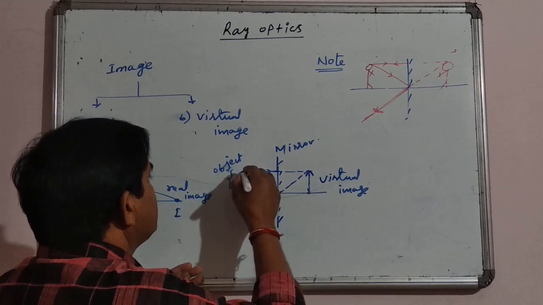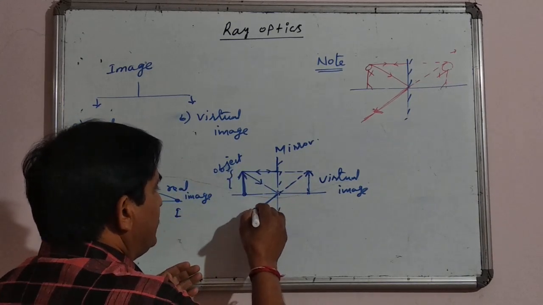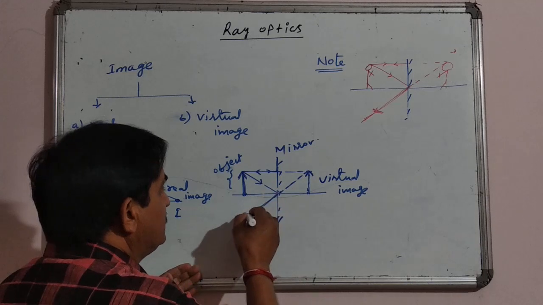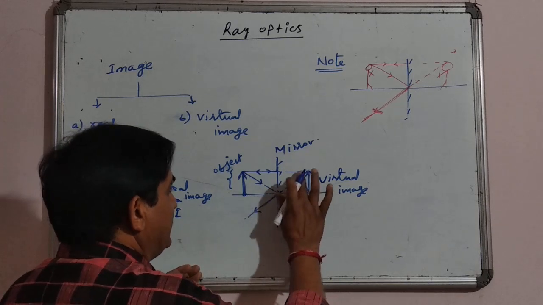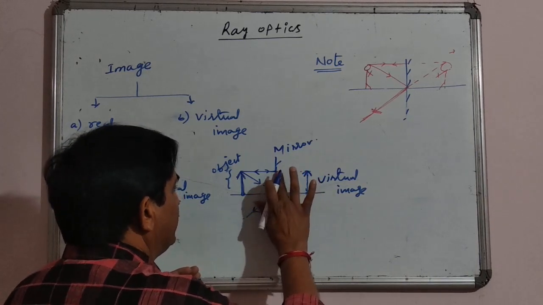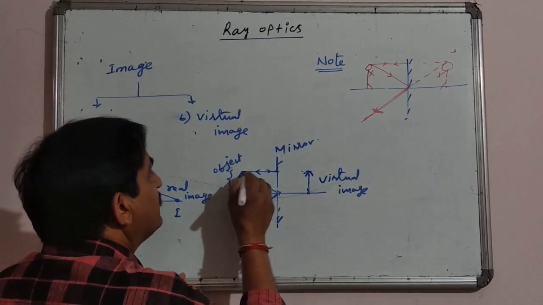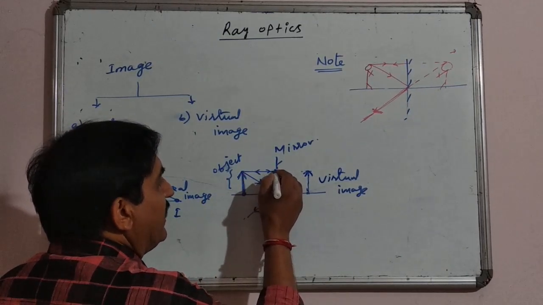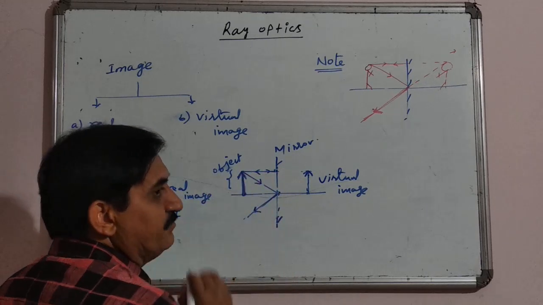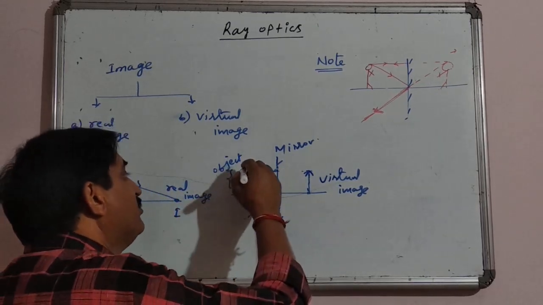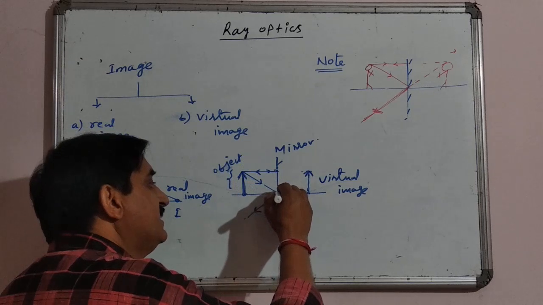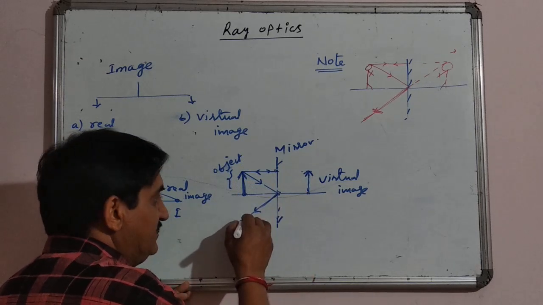Now this is the reflected light, and this reflected light is extended backside. This is a plane mirror. Light incident on it normally reflects back along the same path. One more light ray is taken here, incident and reflected like this.